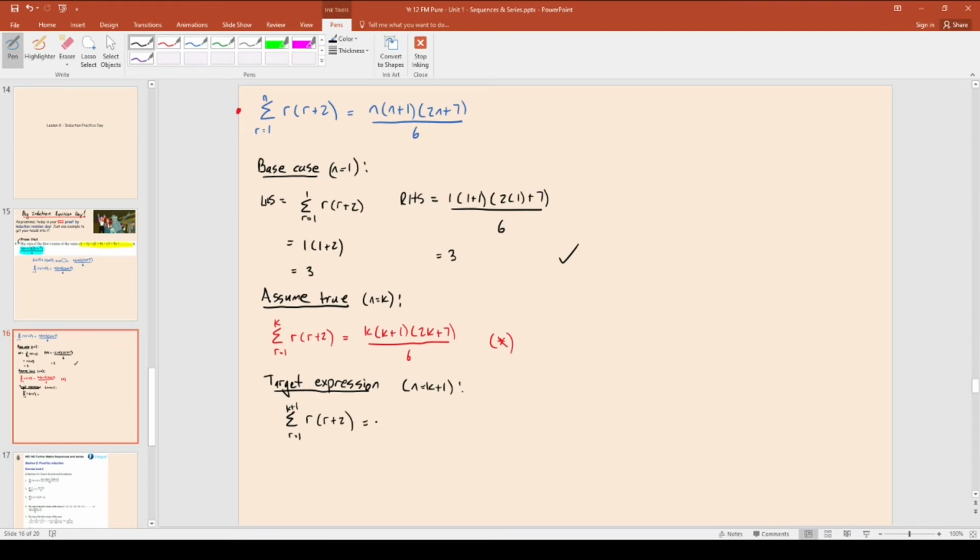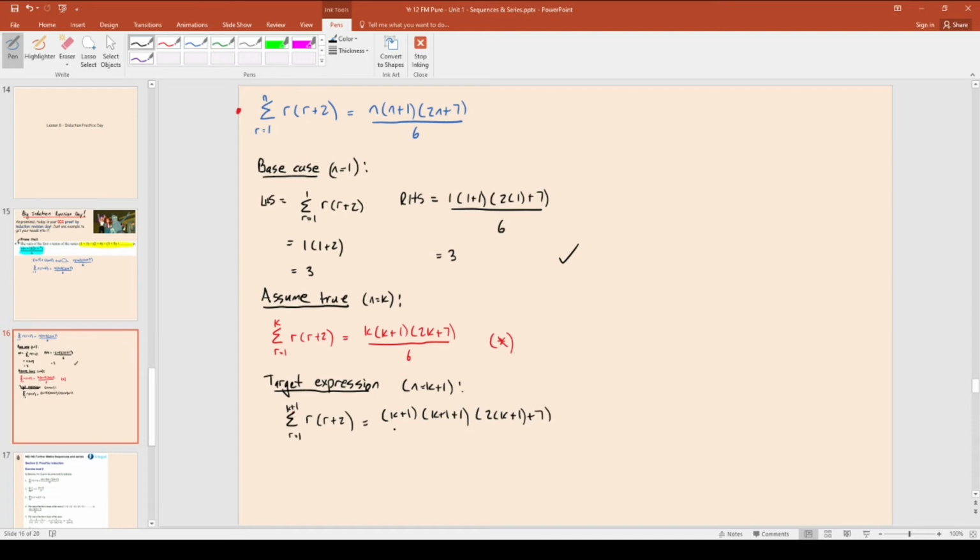Now, this side, though, changes. If our assumption were true, then on the right-hand side, it would be like this. It would be k plus 1, then this would be k plus 1 plus 1, 2k plus 1 plus 7.